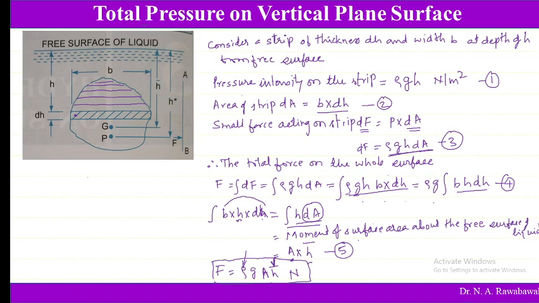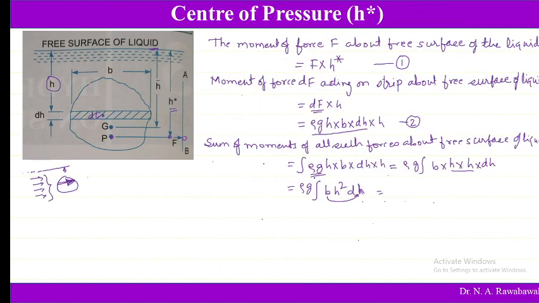From equation number 2 we can see the area of the strip is breadth into thickness. So B into dH can be written as dA, giving rho g times the integral of h square dA.